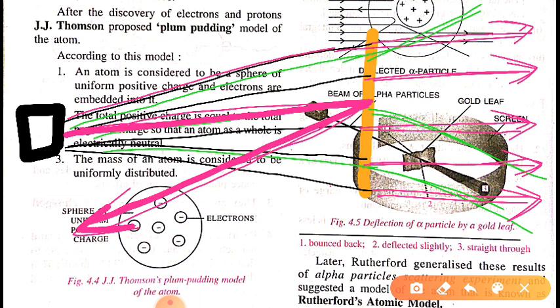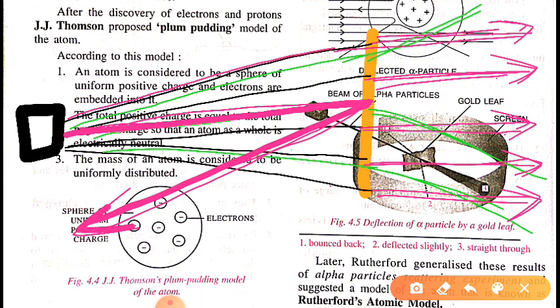Why? If the size of the nucleus were big, at that time this ray would also strike, this ray could also strike, but it is not like this. So he concluded that the size of the nucleus is very small as compared to the size of the atom.